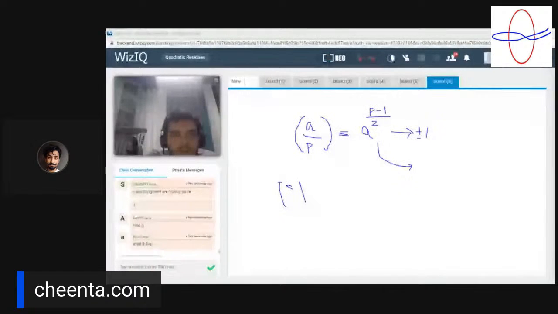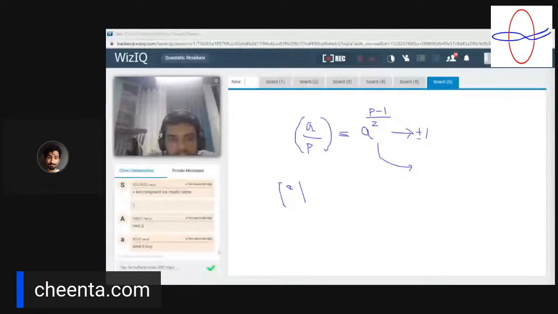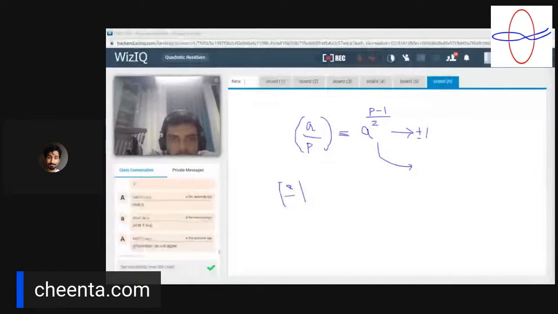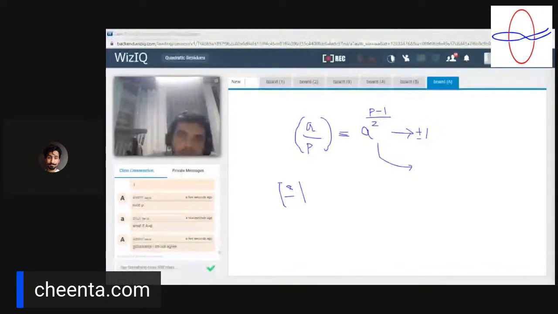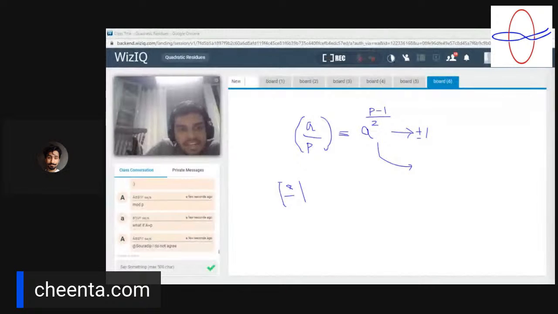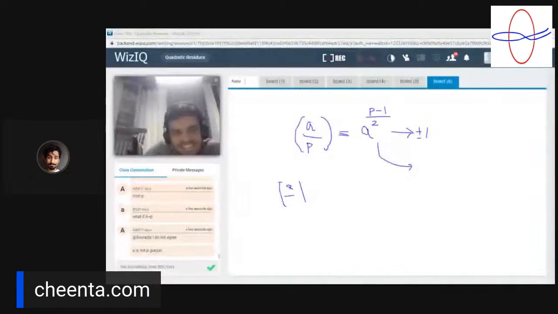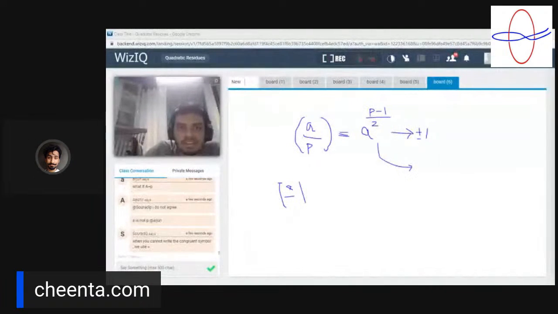The way to look at this will be that for a equal to b, the reason why I'm not taking that is because the definition of the Legendre symbol states that a and b are relatively prime.